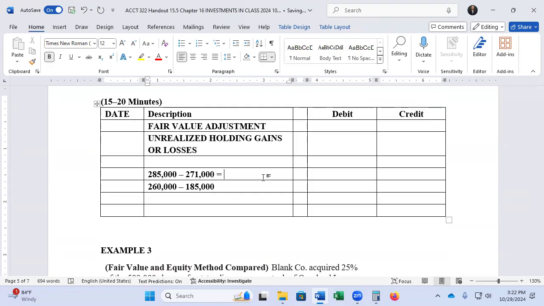And so that's 14,000. And I think that's 75,000, if my math is right. And so our fair value adjustment, adding the 2, would be 89,000, and the gain would be 89,000.